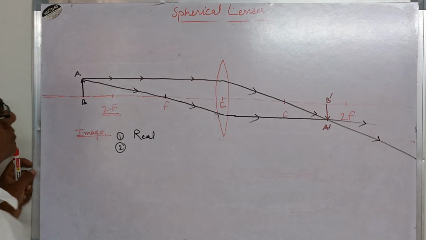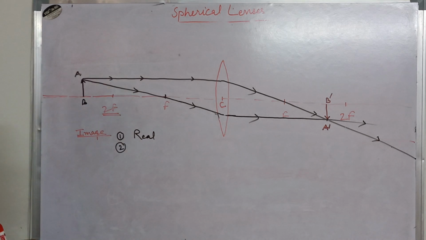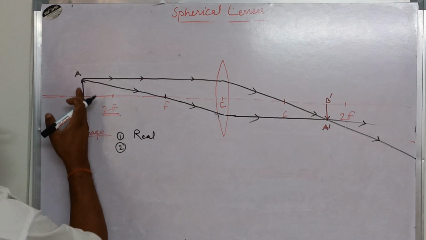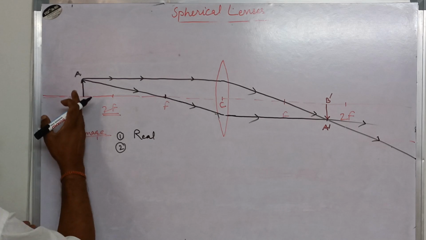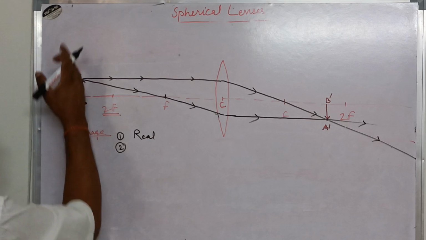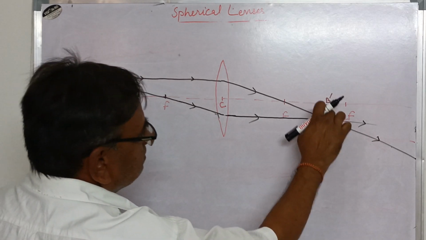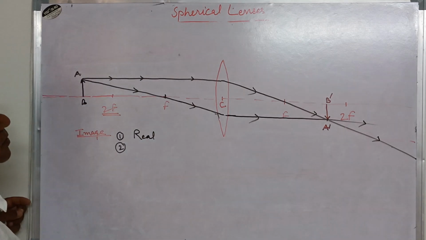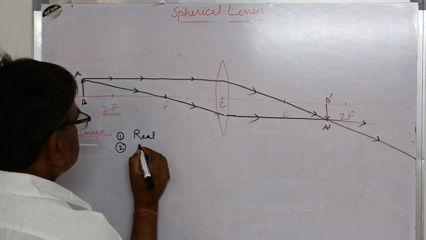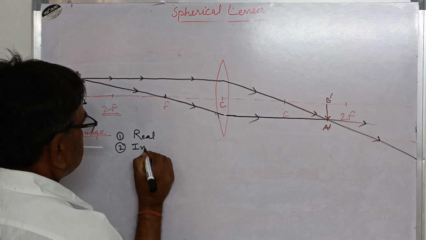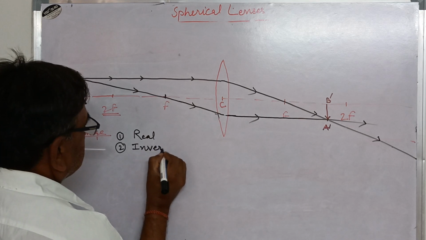Number 2: the head of the object is upside, but the head of the image is toward below, on the other side. So it is inverted.